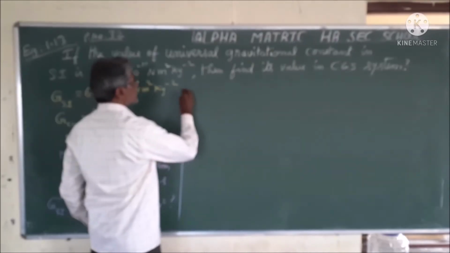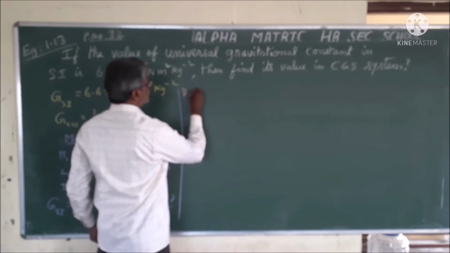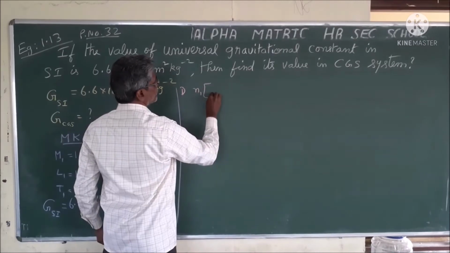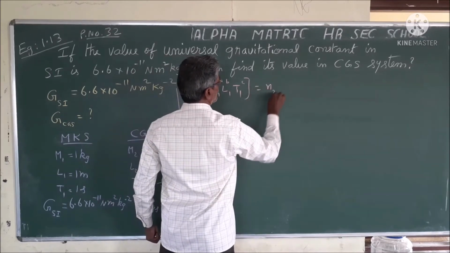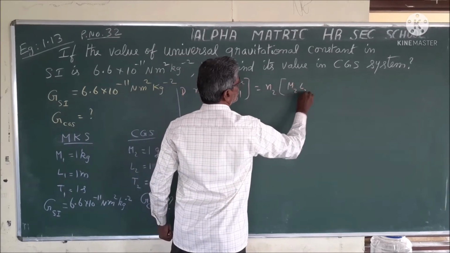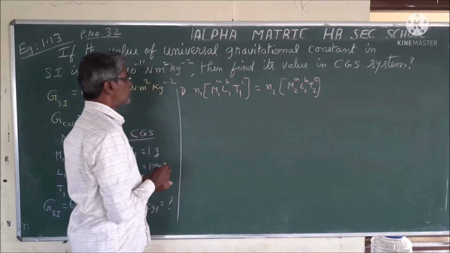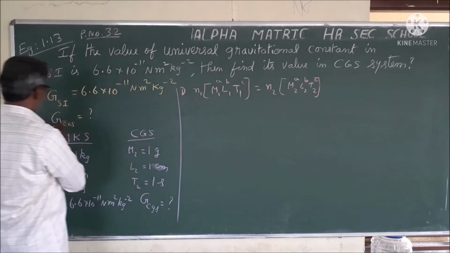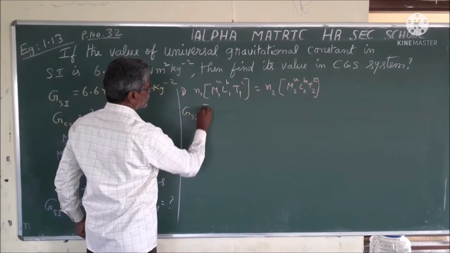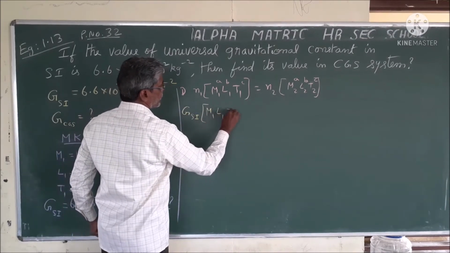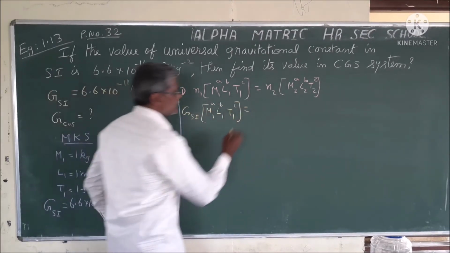So what is the first step? First step is to equate one physical quantity to the other. That is N1, M1, L1, T1, that is A, B, C. Now you write it in this form. This N1 is nothing but G, SI, with M1, L1, T1. And N2 is nothing but G, CGS.